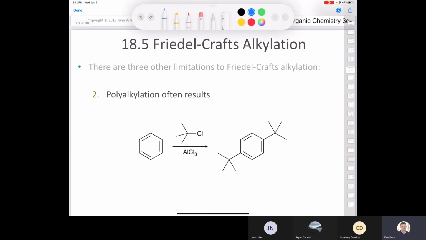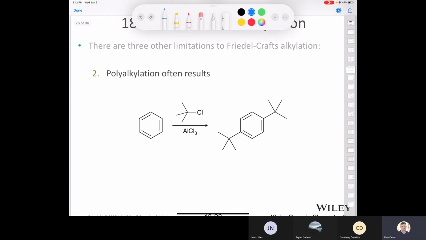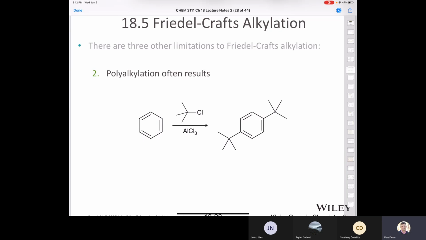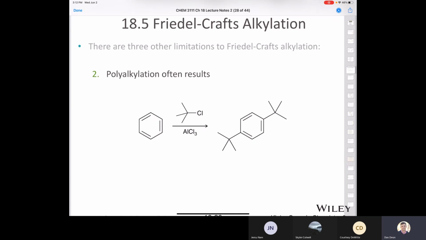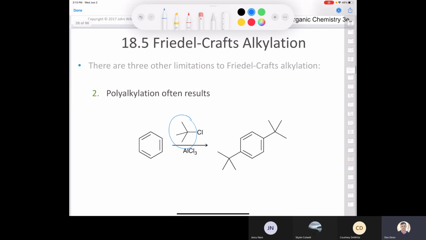Another nuance is that oftentimes we get polyalkylation. If you're wondering why you would get more and more alkyl groups being added, this is a tert-butyl group. Everybody hearing the sound of my voice should know what a tert-butyl group is. The problem is that after you add the first one, and we're going to talk about this more later today, the first tert-butyl group renders the aromatic ring more reactive.